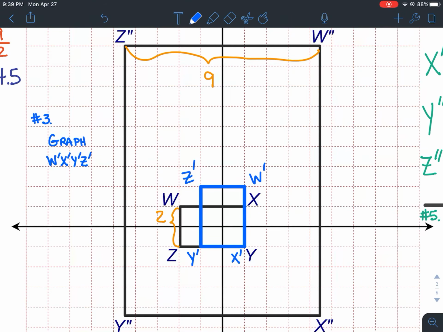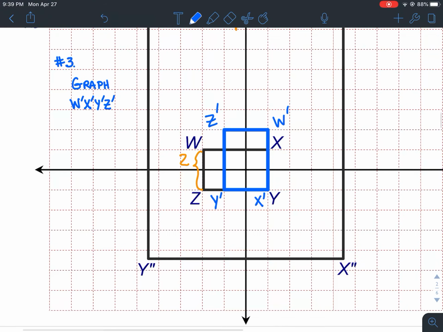Okay, step 4 is to figure out what else has happened here. We know dilation has occurred, but we need to look at W, X, Y, Z and W prime, X prime, Y prime, Z prime. Look at the orientation of the two to figure out what happened besides the dilation. Well, W and W prime are not directly across from one another.